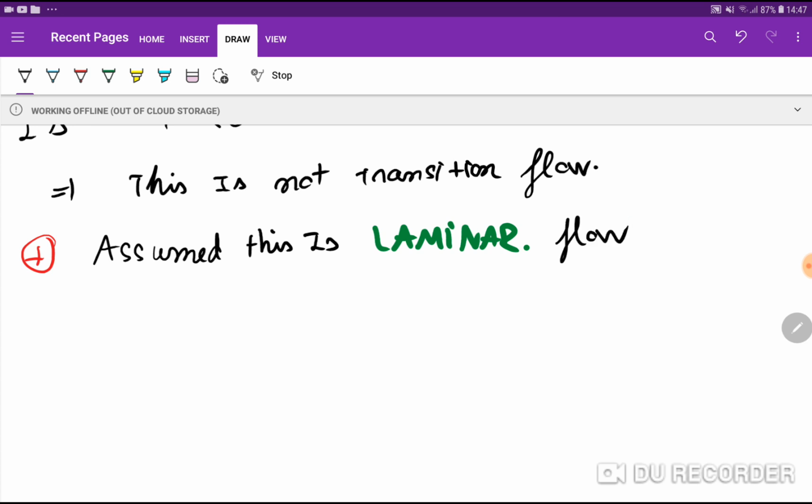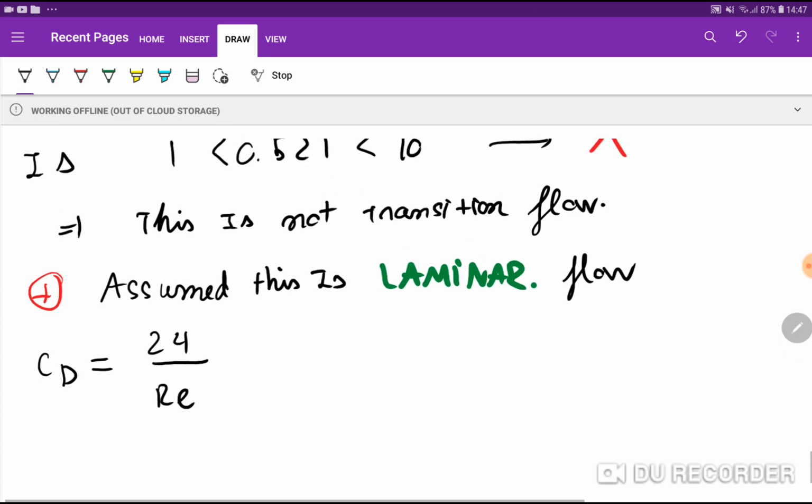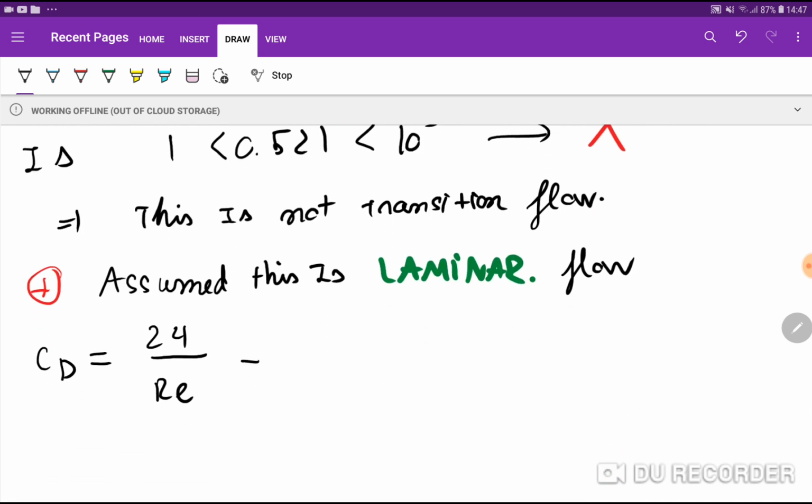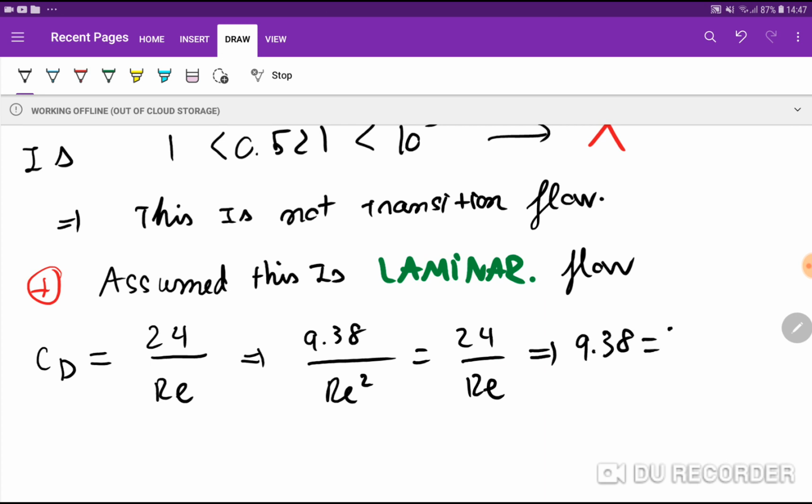Okay, now what happened if it's laminar flow? Your drag coefficient, you're going to use this equation, drag coefficient equal to 24 over Reynolds number, right? And you're going to replace the drag coefficient, 9.38 over RE squared equal 24 over RE. You times both sides by RE, 9.38 equal 24 times Reynolds number.